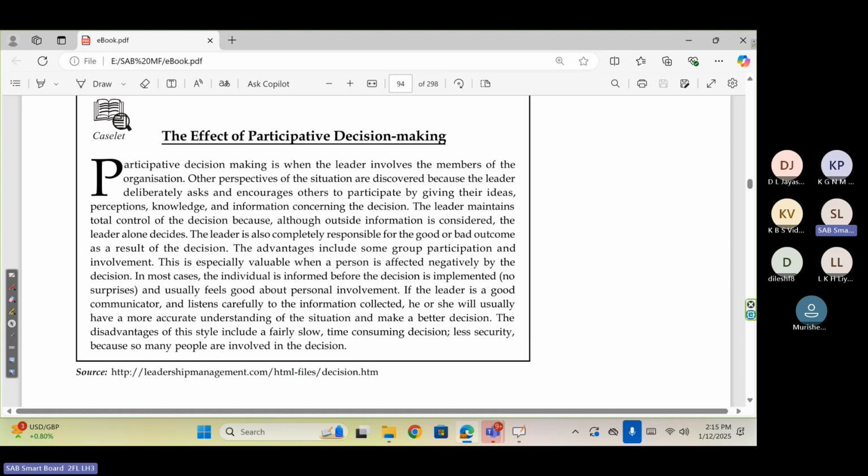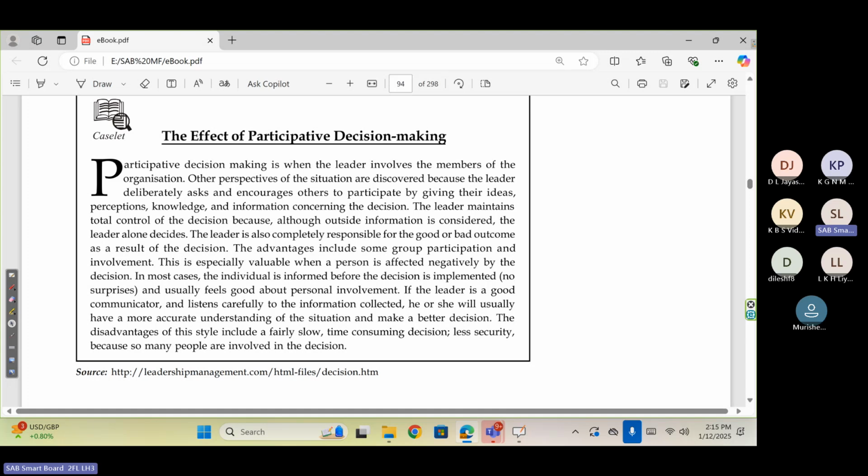It says that participative decision making happens when the leader involves the members of the organization. Other perspectives of the situation are discovered because the leader deliberately asks and encourages others to take part in the decision making, giving ideas, perceptions, knowledge, and information behind the decision.